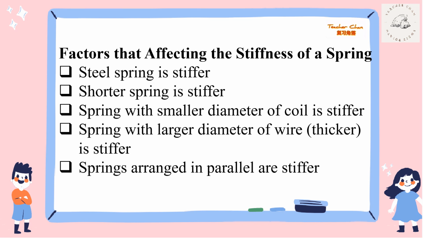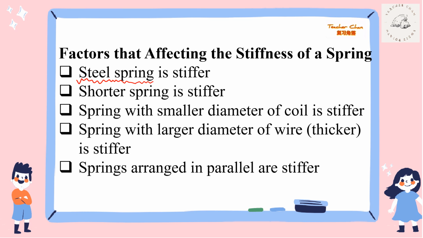Factors affecting the stiffness of a spring. So we have to look at the type of material. Normally the steel spring is stiffer than the copper.